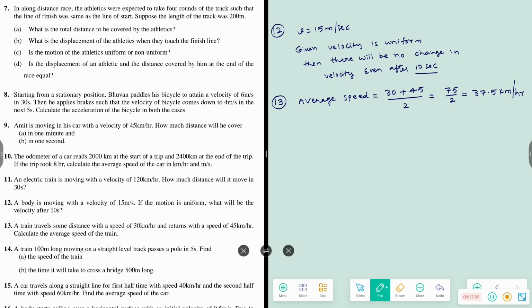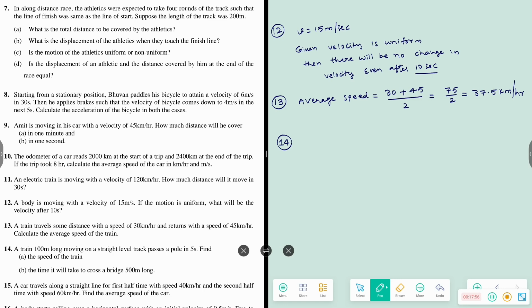Question number 14. A train 100 meters long moving on a straight level track passes a pole in 5 seconds. Find the speed of the train.